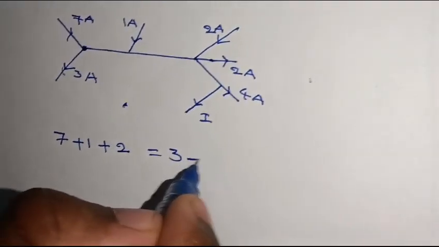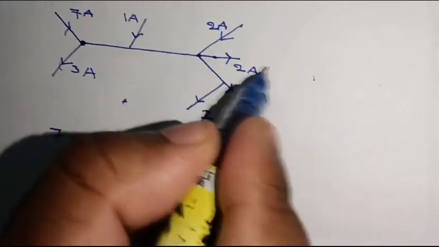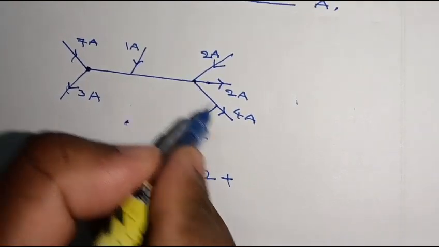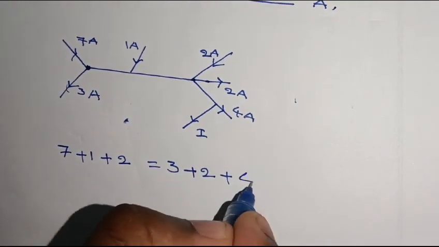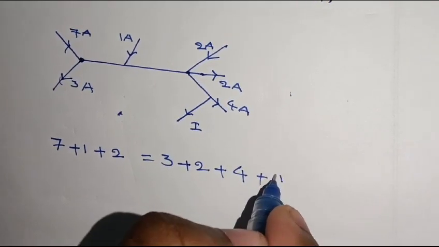Which ones are leaving the junction? 3 amps current leaving the junction, next 2 amps current also leaving from the junction, next 4 amps current, plus I.